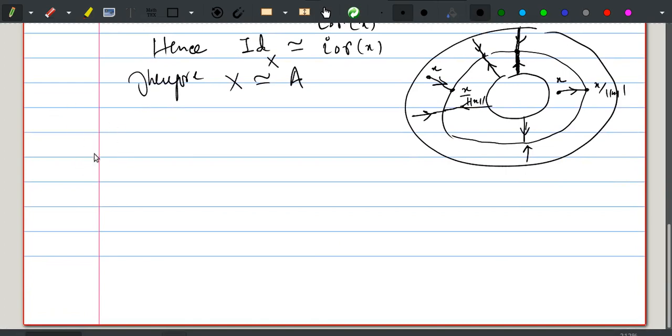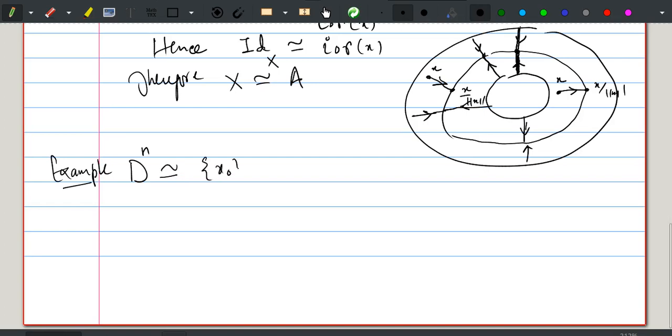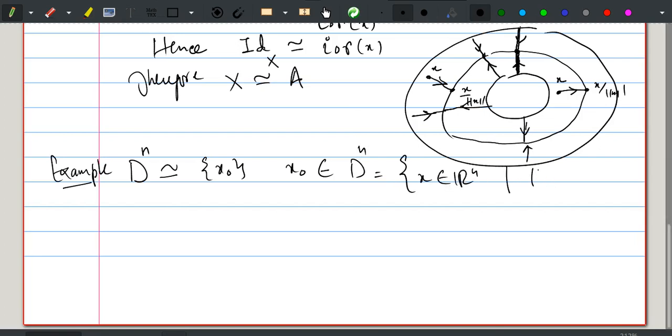Let us do one more example. Let us take the space Dn, where Dn is the n-dimensional disk, and we claim that this is another example. We claim that this disk Dn is homotopic to some point x naught, where this x naught is a point in D to the power n, where D to the power n contains all n tuples of Rn such that norm of x is less than or equal to 1.